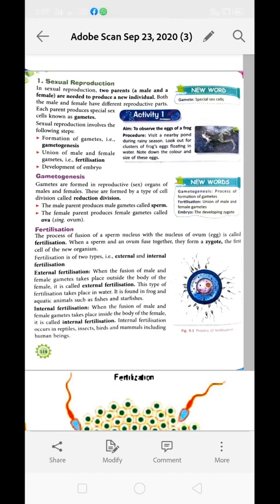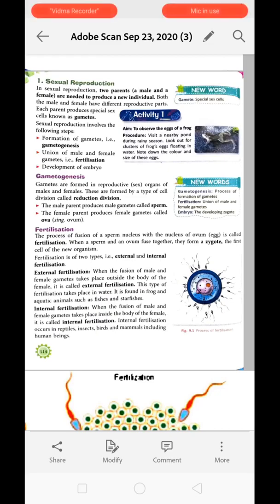After formation of gametes, both gametes get fused together to produce a zygote. The process of fusion of the nuclei of the male and female gametes is called fertilization. After fertilization is completed, formation of the zygote has taken place. The next step is the development of the embryo. The zygote develops and produces an embryo and later on a fetus.